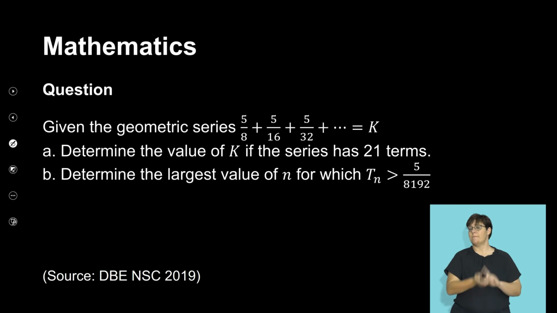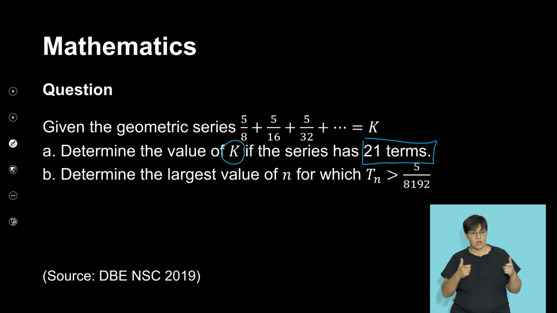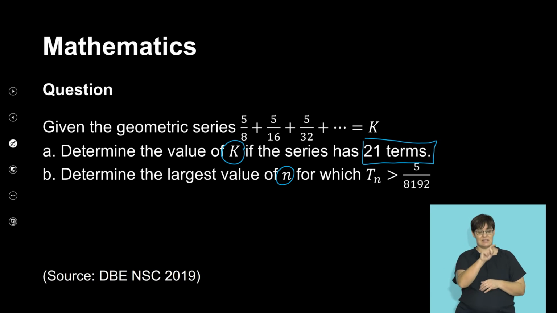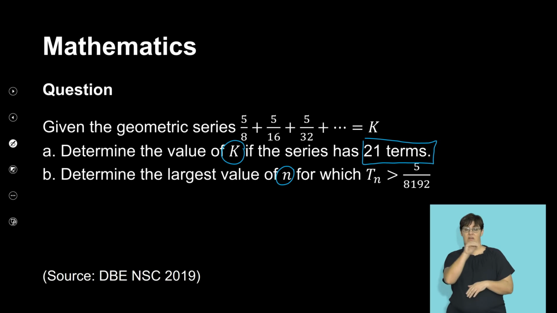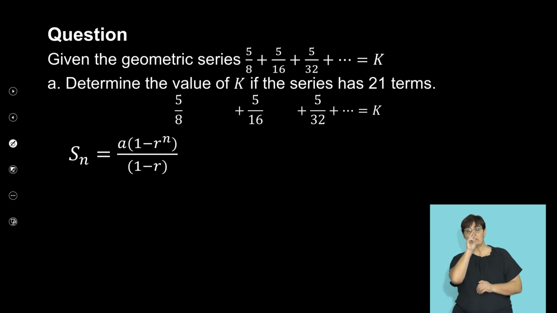We need to first determine the value of k if the series has 21 terms. Then we are going to determine the largest value of n for which Tn is greater than 5 over 8,192. Let's look at A.